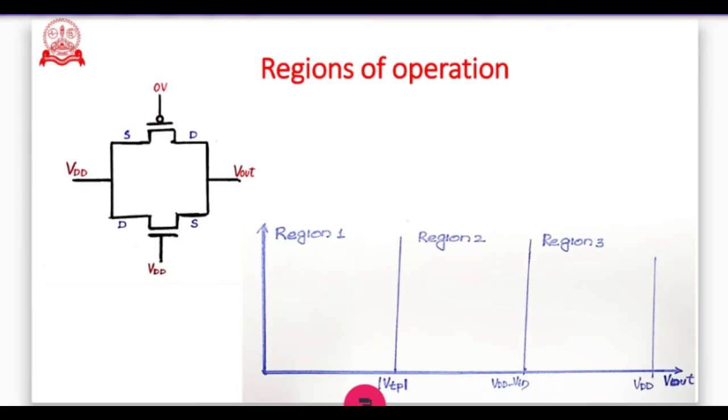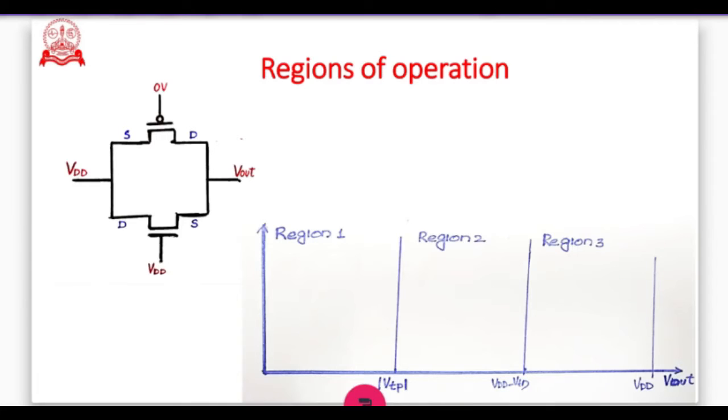Now let's see the regions of operation in the transmission gate. Here you can see a graph. The x-axis of the graph is Vout, and we mark the regions on the basis of Vout. The first region is between 0 and modulus of VTP.